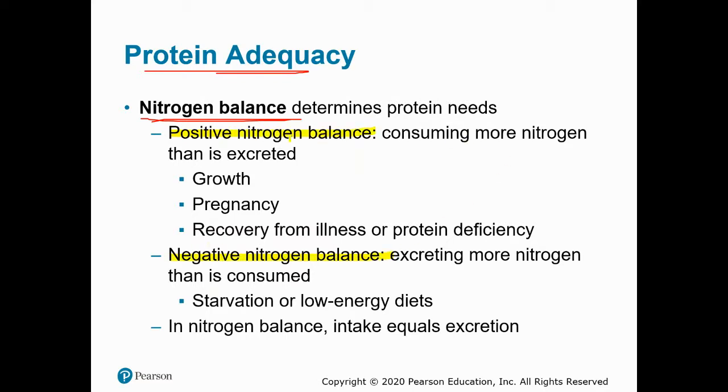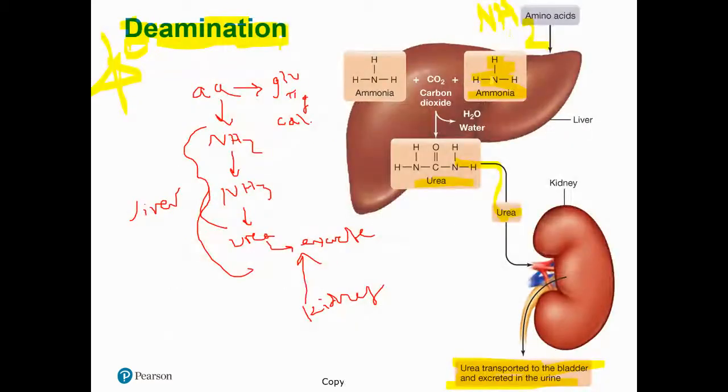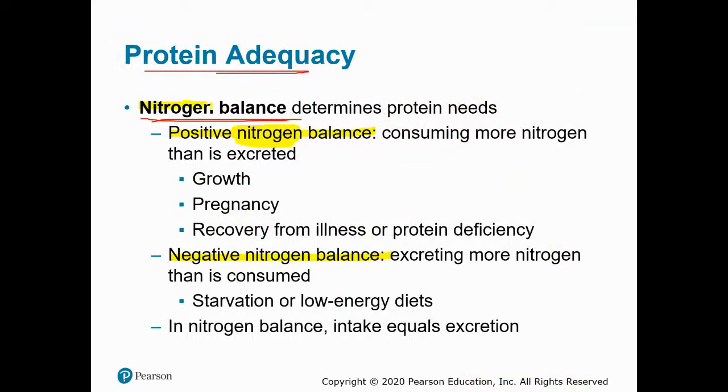And so this is, again, looking at the nitrogen, right, that is in the amine group. So if we're talking about nitrogen balance, we're basically talking about protein adequacy, because protein is the macronutrient that provides nitrogen.